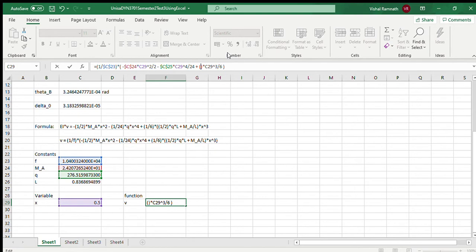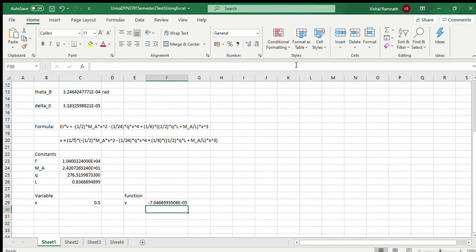Q would be $C$25, times L, which would be $C$26, that is QL, divided by 2, and then plus MA over L, which would be $C$24, divided by L, which is $C$26. Put it in there, and that's your answer.